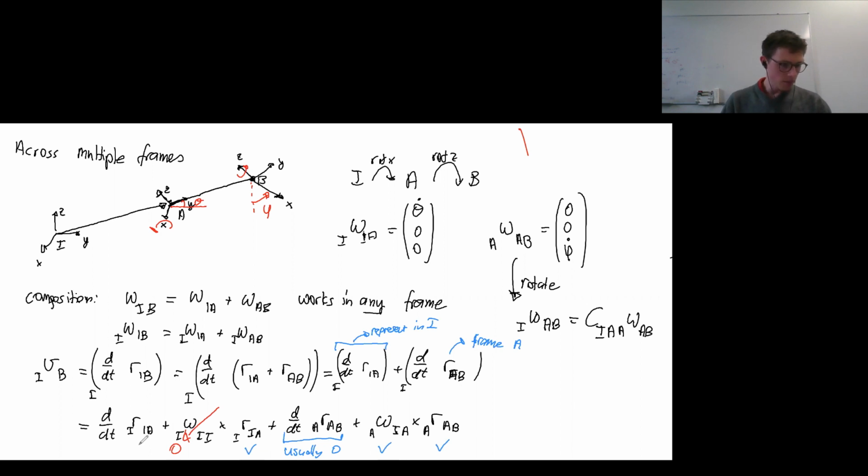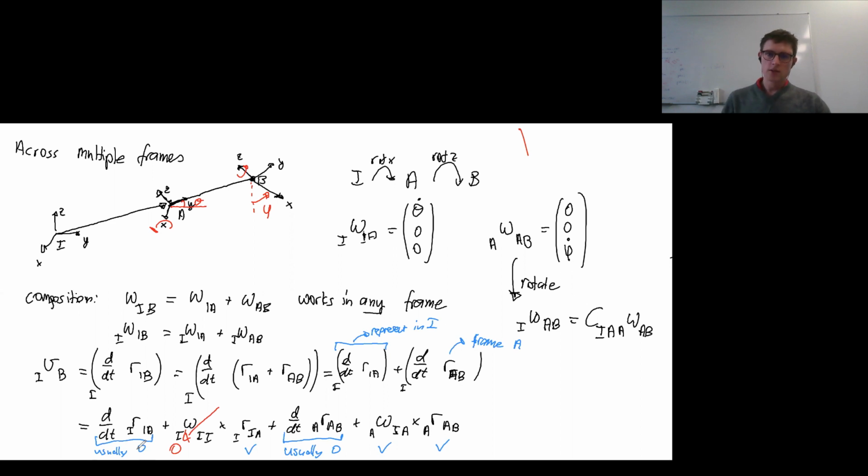And the first term is also usually 0. So this is all you need to code up your linear velocity for point B across the entire chain. I hope that makes it clear.